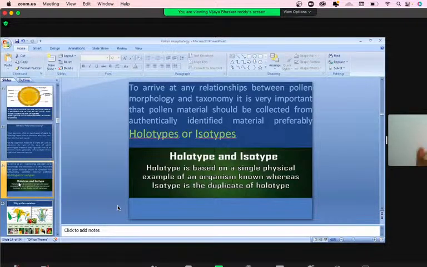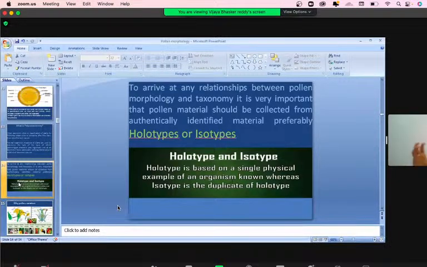You all know typification, ICN, International Code of Nomenclature, Article 7 talks about the typification methods, where holotype is nothing but the type specimen which is used by the author at the time of description of the new species. We rely on that, and the author describes the new species based on that specimen and deliberately mentions that specimen as a holotype. So that is a holotype preserved.